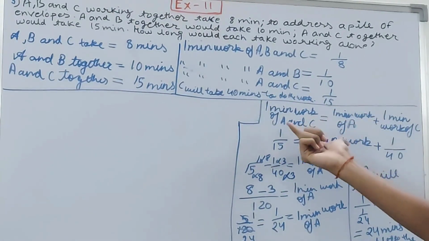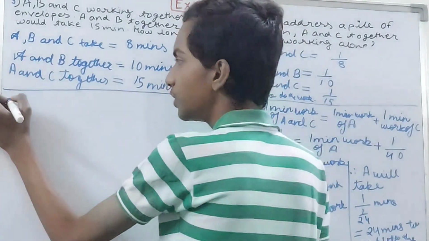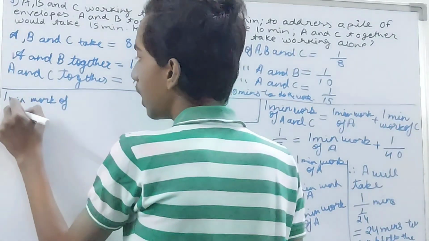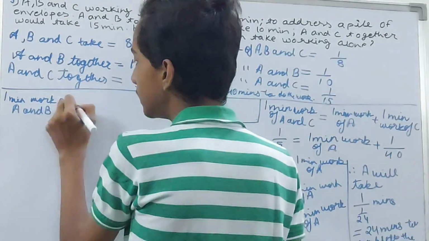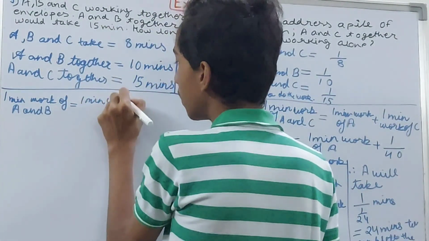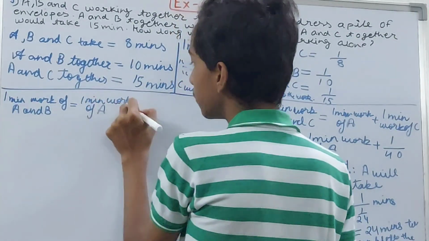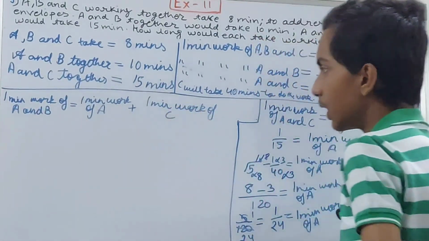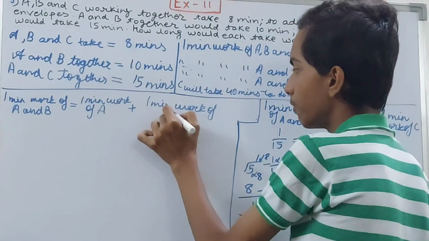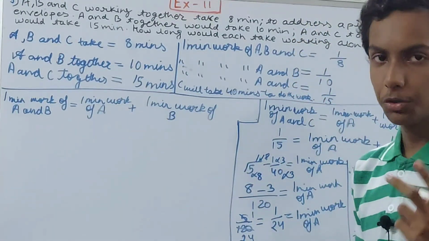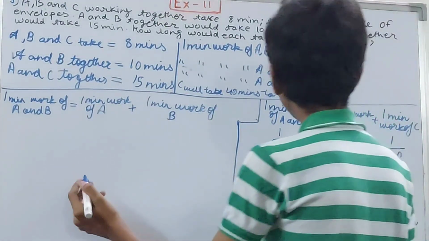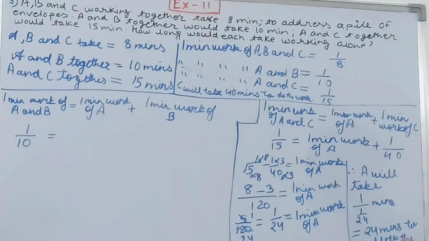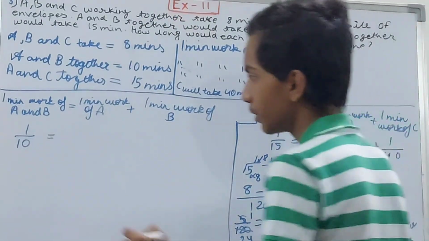So again, just like A and C we have done, same I will do for A and B, which is going to be 1 minute work of A and B is equal to 1 minute work of A plus 1 minute work of B, right? Now in these places I can put two things I know, third thing I don't know. 1 minute work of A and B I know, 1 by 10, is equal to 1 minute work of A I know, that is 1 by 24. So put it here.